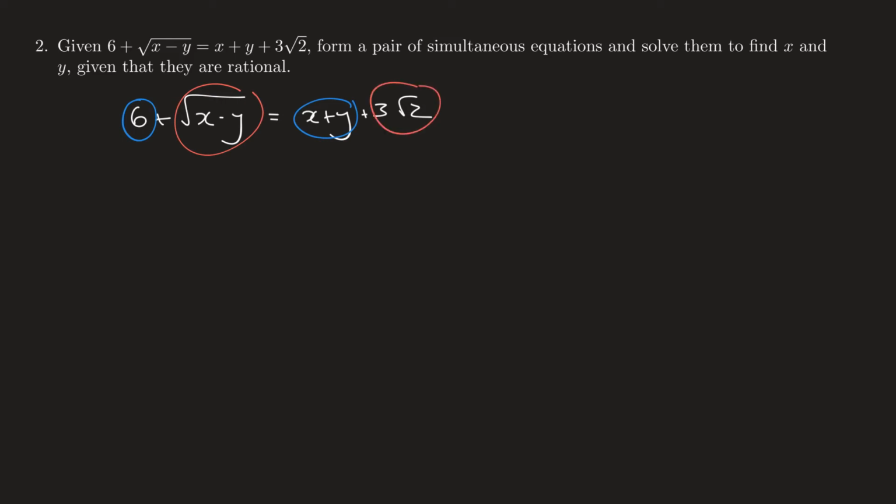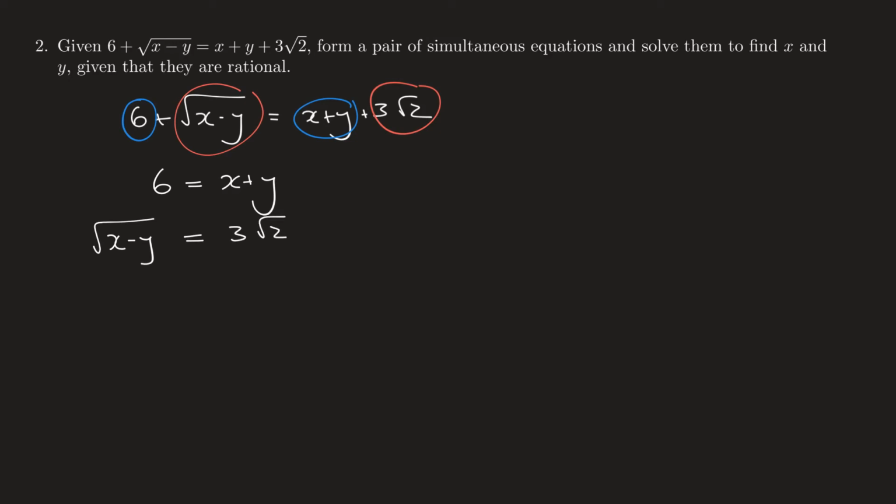So let's first look at the terms that don't have a square root. That tells us we can have an equation which is 6 is equal to x plus y. The other equation that we can write down is that the square root of x minus y is equal to 3 root 2.